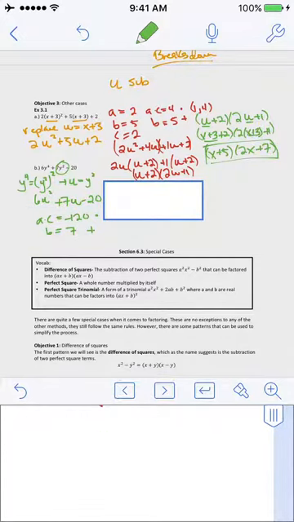Let's see. Well, negative 120 divided by 2 is going to be like negative 60. Negative 120 divided by 3, 40. No, negative 120 divided by 4, that's 30. Negative 120 divided by 5, it's 24. Now, negative 120 divided by 6, we know that's 20.